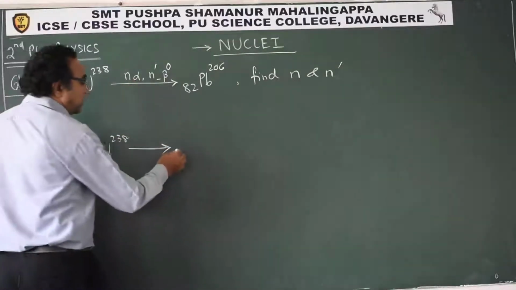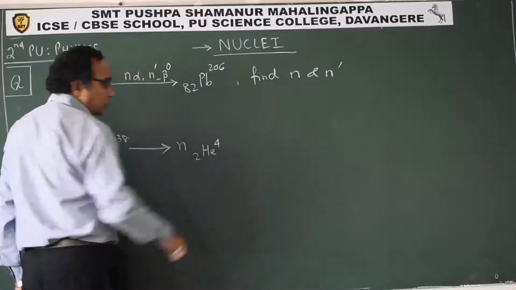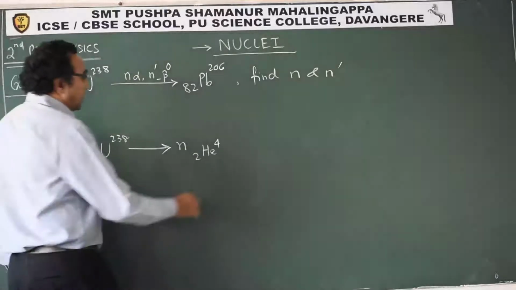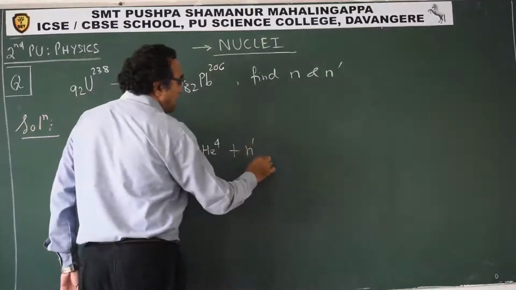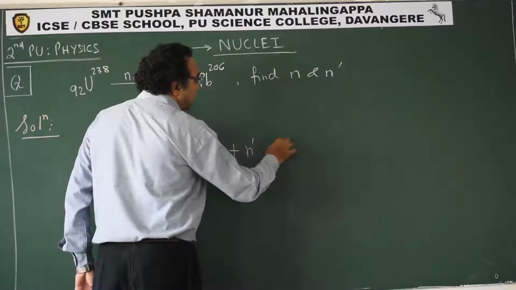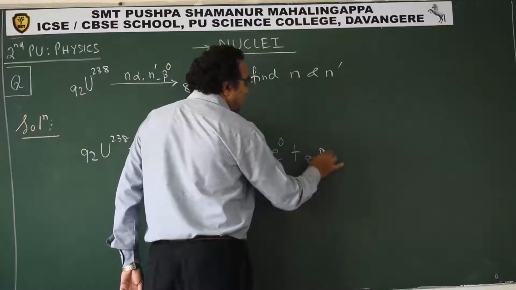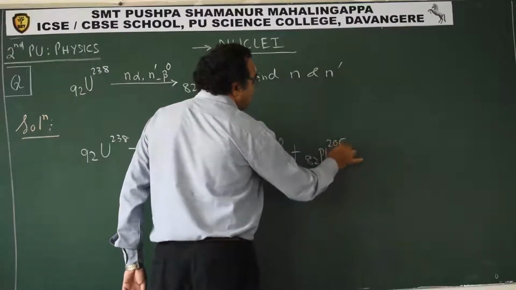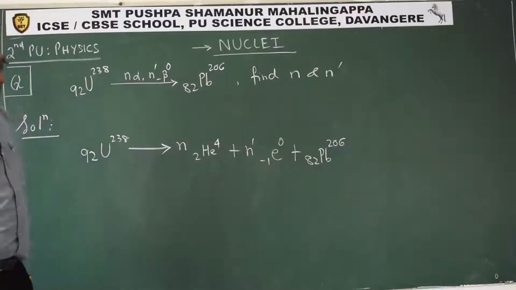So n alpha particles will be n 2He4, and n dash minus beta particles, n dash minus 1 E0, and it is forming 82 lead 206. And we are asked to find the value of n and n dash.